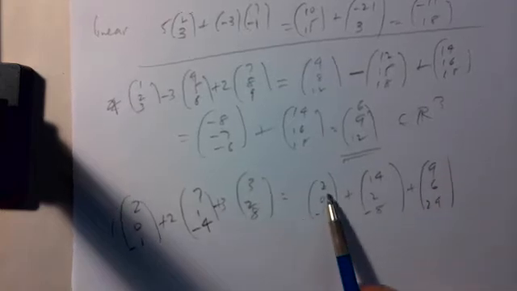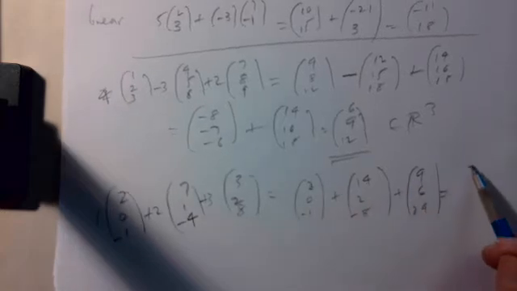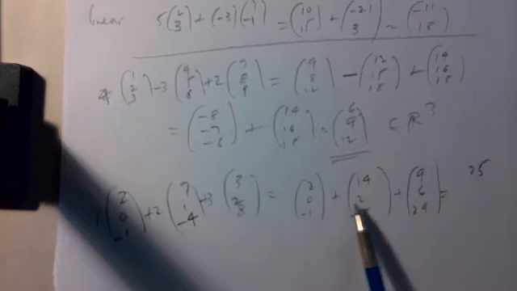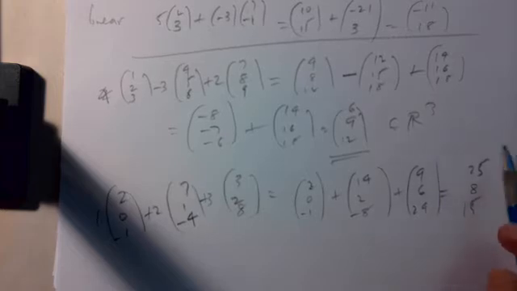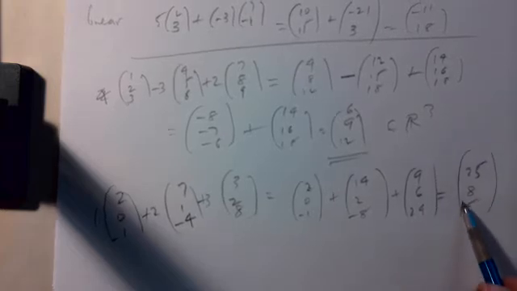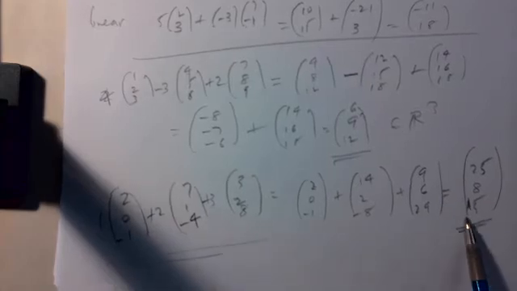You add 2 plus 14, 16, plus 9 is 25. 0 plus 2 plus 6 is 8. Minus 1 minus 8 is minus 9. Plus 24 is 15. So if I did my arithmetic correctly, this linear combination of 3 vectors is equal to this.